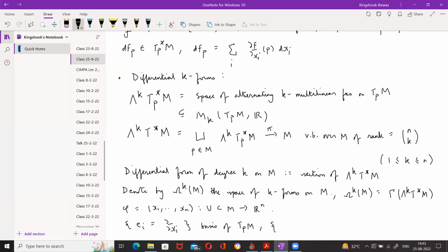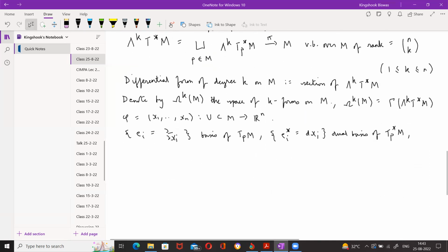We have the dual basis e_i^* equal to dx_i, the dual basis of T_p^* M. From the linear algebra we did earlier, we know that the basis of the kth wedge of T_p^* M is given by k-fold wedge products of the dual basis elements, e_{i1}^* wedge up to e_{ik}^*.